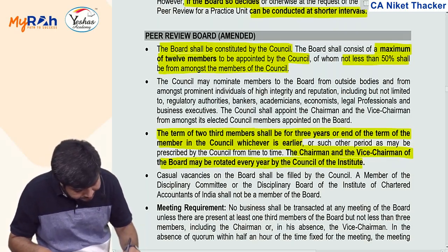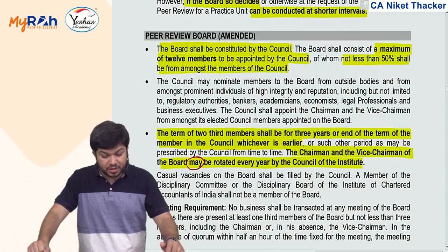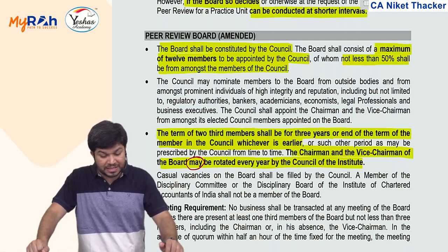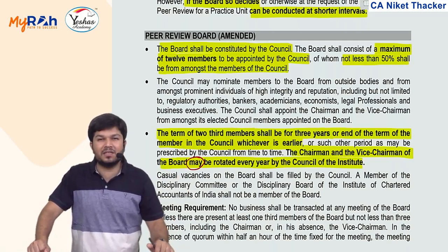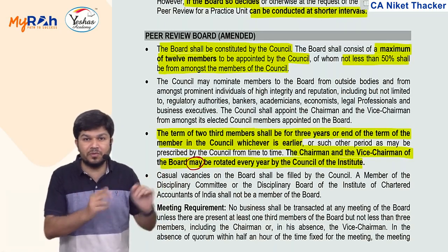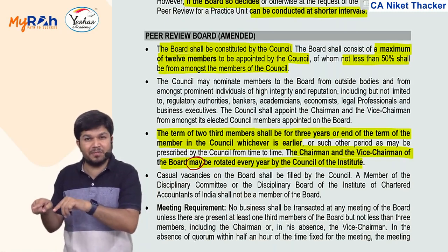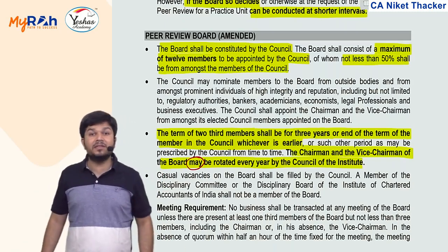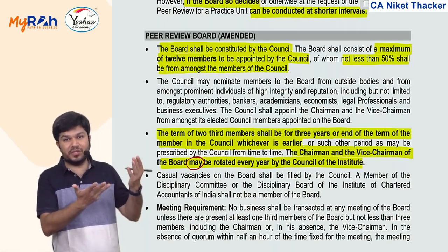Again, the word is may be rotated every year. The 2/3 member shall be for 3 years or till their term will end in council, whichever is earlier. Others के लिए there can be a shorter period also, longer period also. Others के लिए it can be shorter duration or a longer duration.